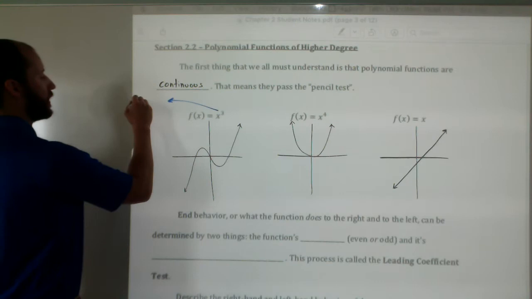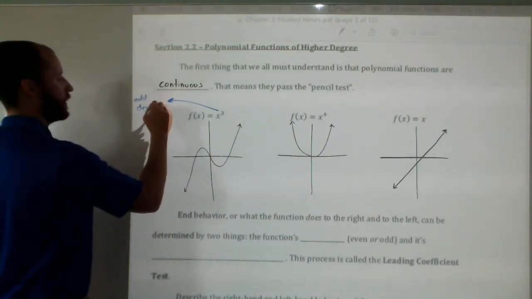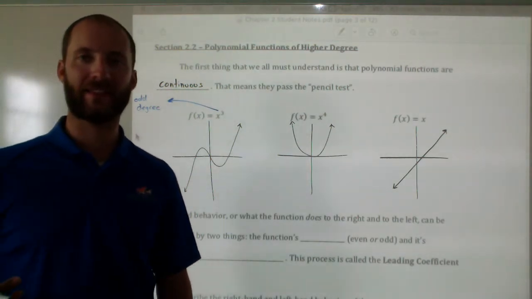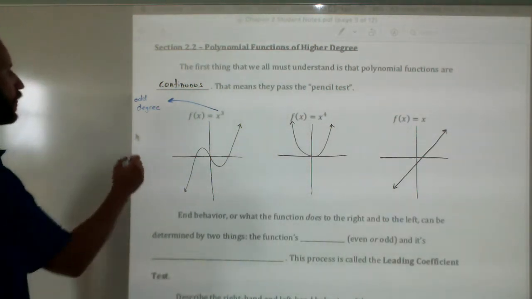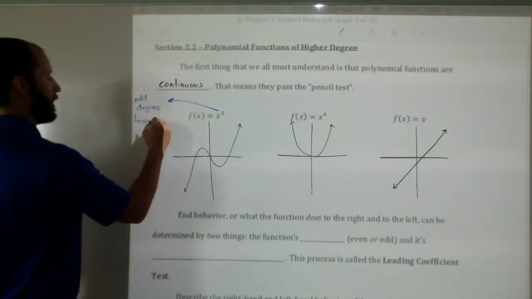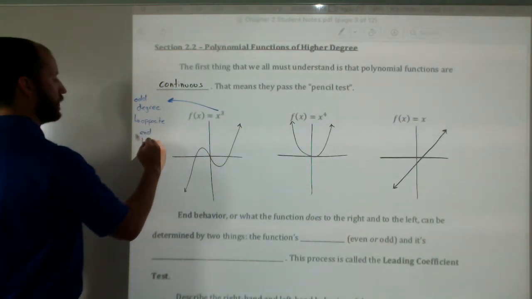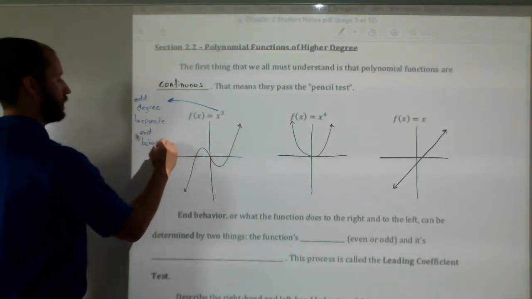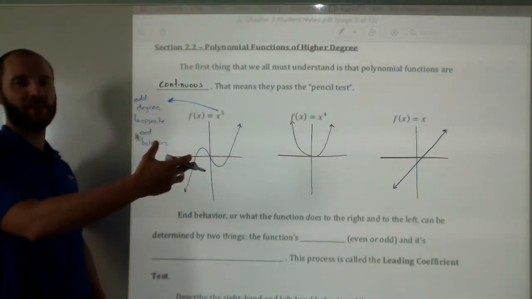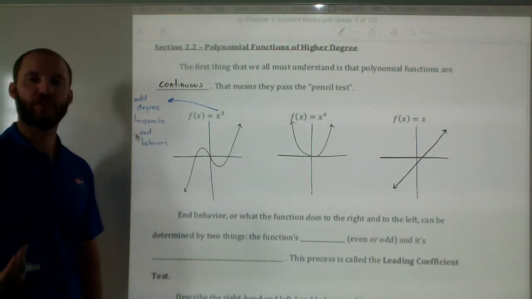Functions that are odd degree, so your x to the third, x to the fifth, x to the seventh, x to the ninth, have opposite end behaviors. That means as you go to one side the function may go up, and as you go to the other side you see the opposite: the function goes down.